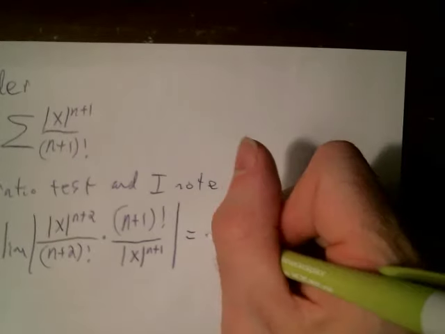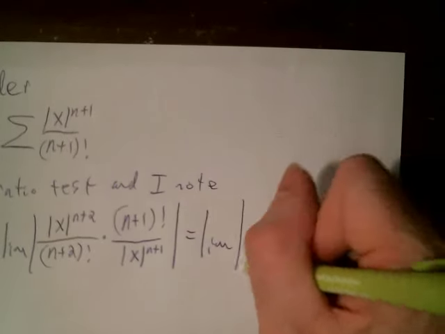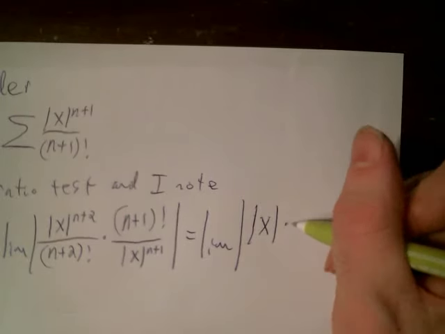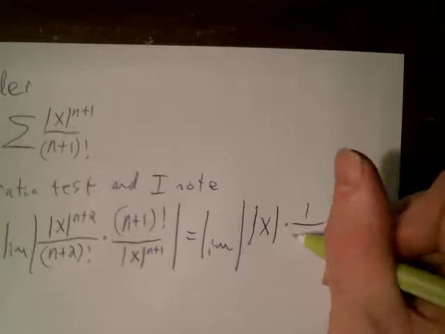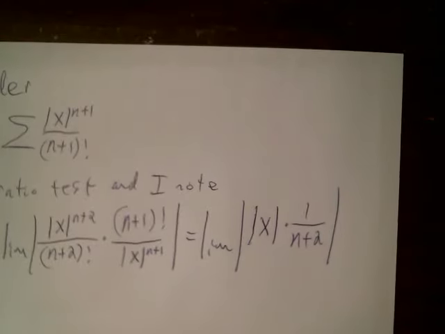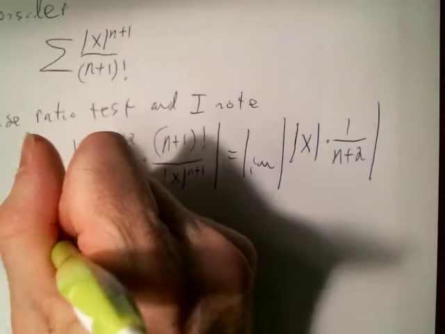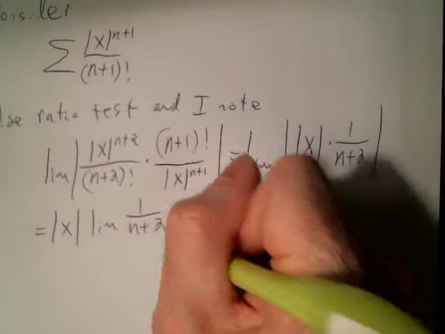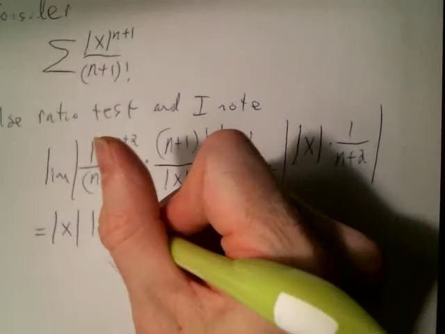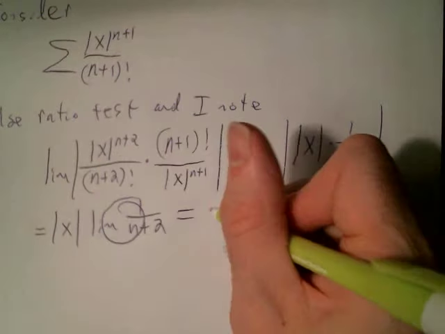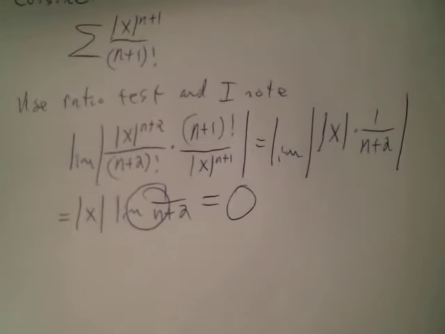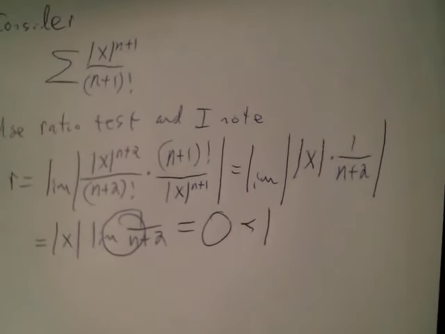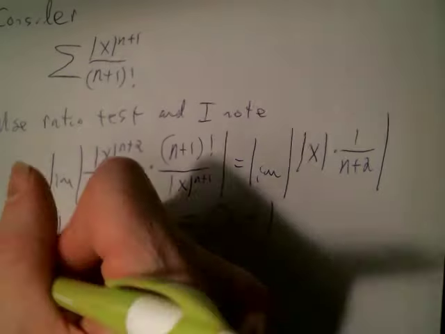This will equal the limit of the absolute value of x times 1 all over n+2. If I factor out the absolute value of x, I just have the limit of 1 over n+2, and that's 1 over infinity. So this is 0, and anything times 0 is 0. Our R value from the ratio test is less than 1, and therefore it's convergent for any x.